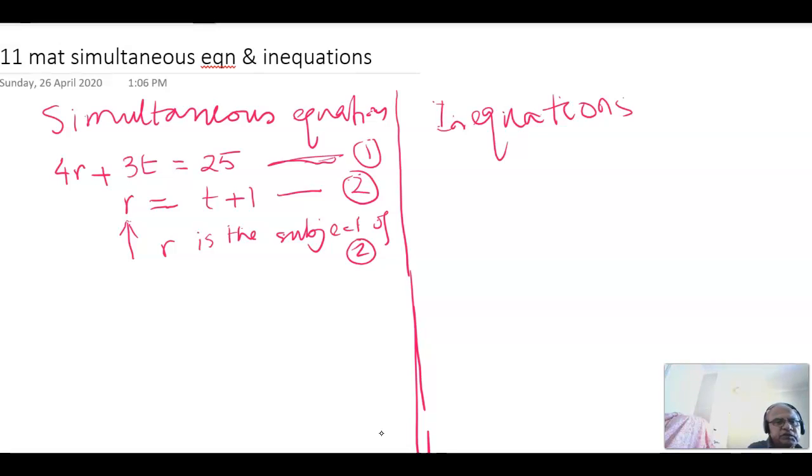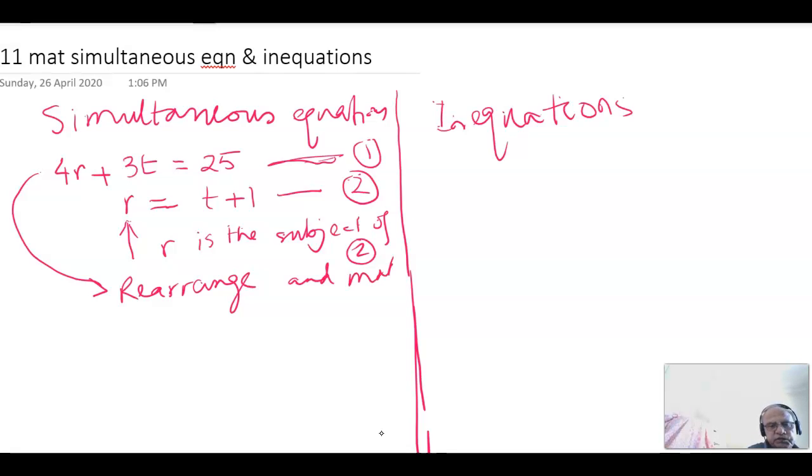So we've got to rearrange and make r the subject of number 1. Now that's the first thing we've got to do, and then we can simply go for substitution, which makes it simpler.